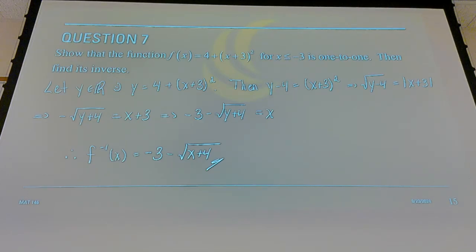And there would be our inverse function. Negative 3 minus the square root of x plus 4.